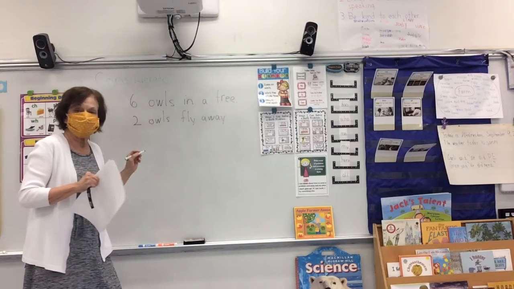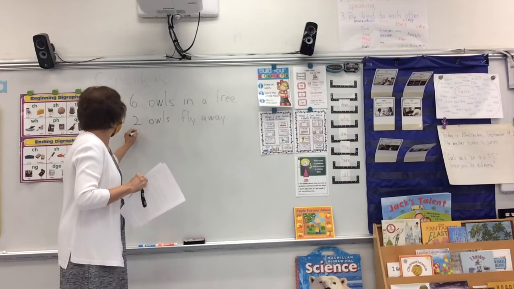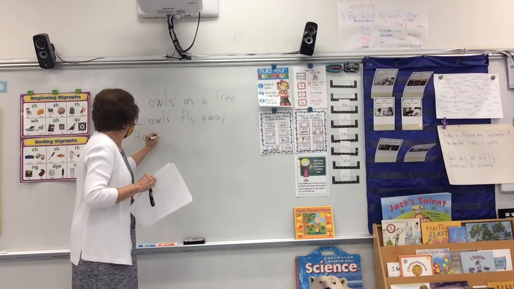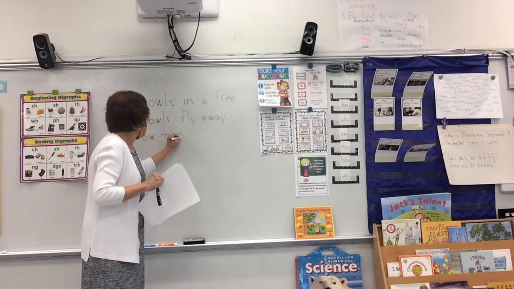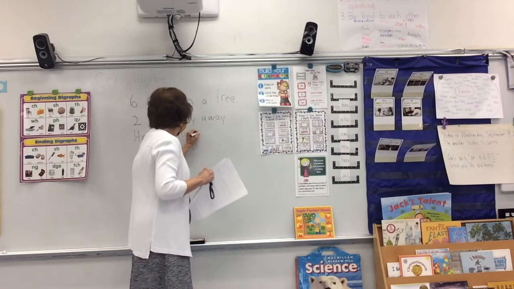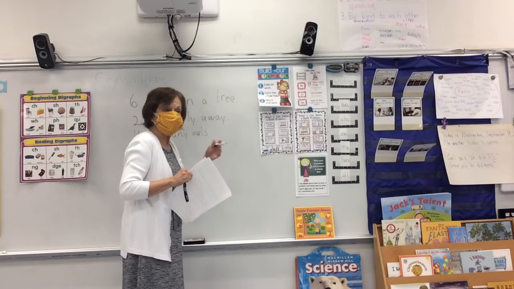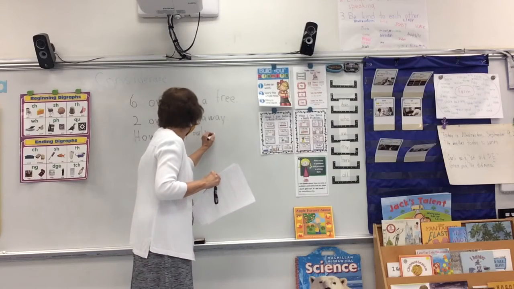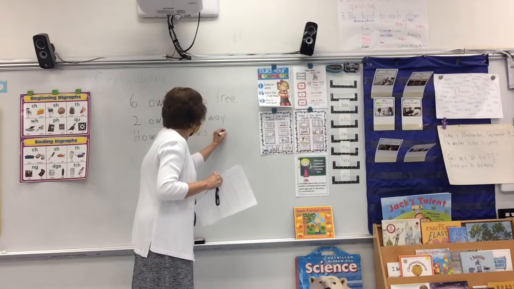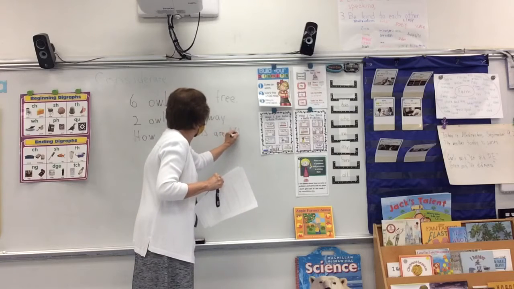How many owls are left? So if you have a problem like this that you have at the top of your book, what's the first thing you need to do?